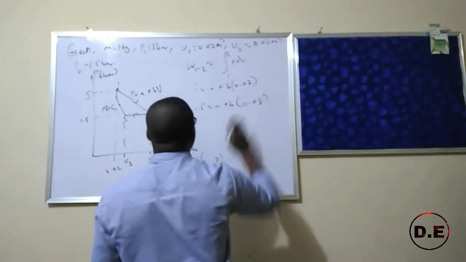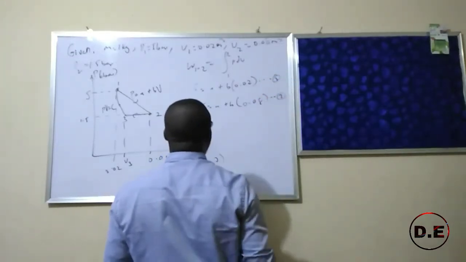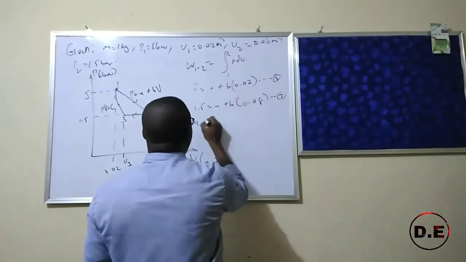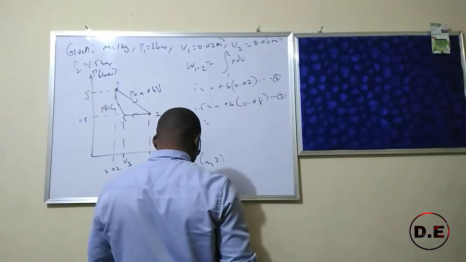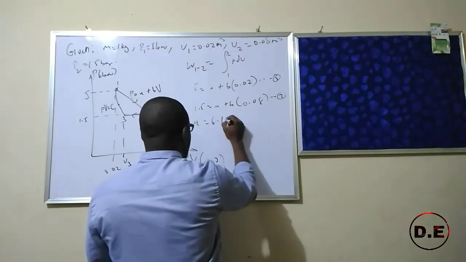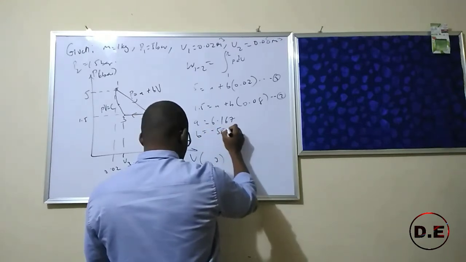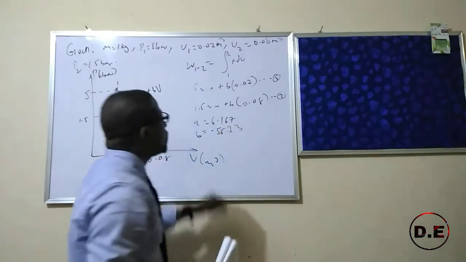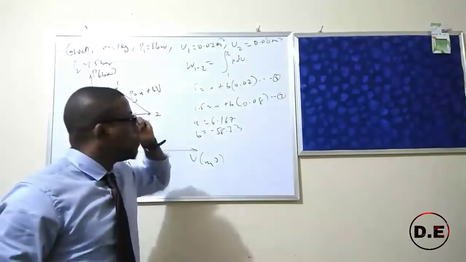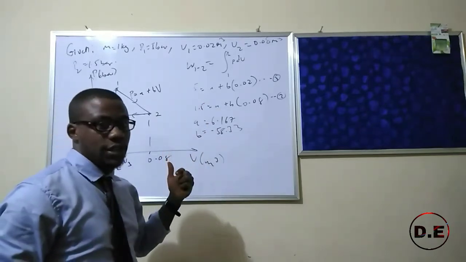If I solve these two equations simultaneously, how might I obtain A and B? I will have A equal to 6.167 and B equal to minus 58.33. You can solve simultaneous equations by two basic methods, substitution or eliminating coefficients.